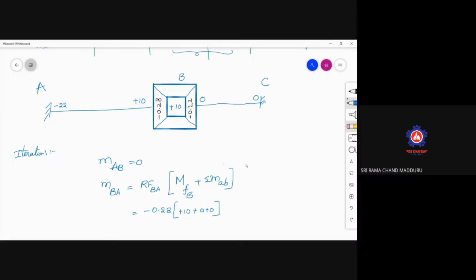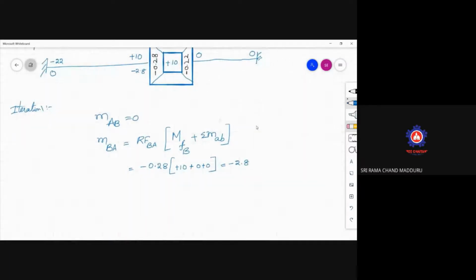So the value is minus 2.8. Similarly, calculate MBC, which is RFBC into MFB plus sigma MAB: minus 0.22 into plus 10 plus 0 plus 0, which is minus 2.2.